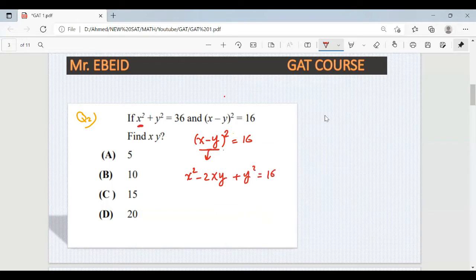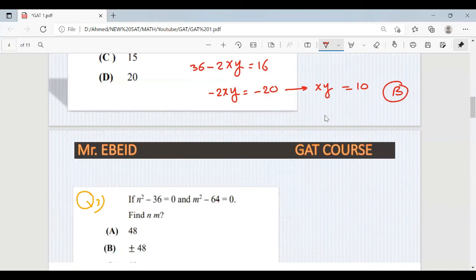As we know that x squared plus y squared equals 36, so it will be 36 minus 2xy equals 16. Subtract 36 from both sides, so we have negative 2xy equals negative 20. Divide both sides by negative 2, so x times y equals 10. So the answer is D.